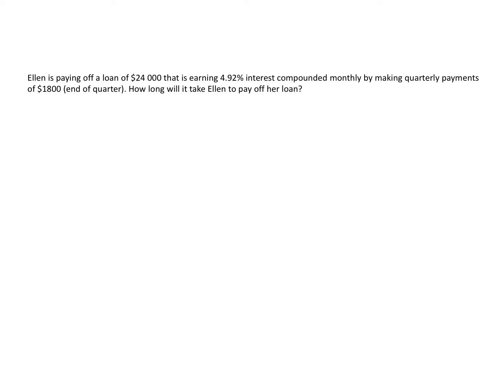Example 5, we have Ellen paying off a loan. We know her loan amount, we know her payments, we just don't know how long it's going to take her to pay off the loan. Now, we can start with calculating I. But the interest is monthly, yet the payments are quarterly.